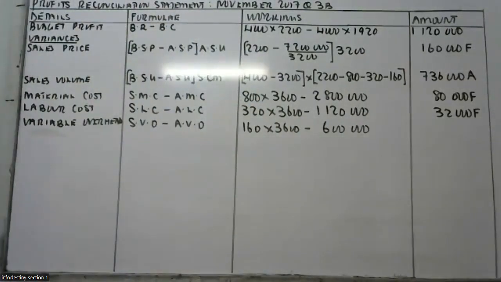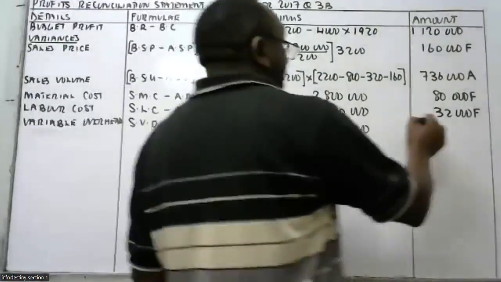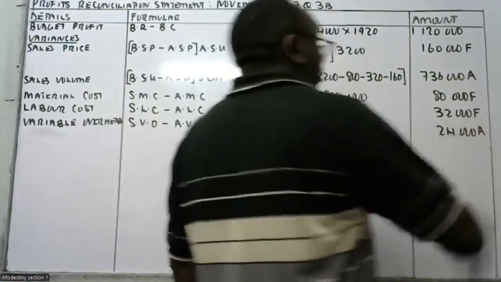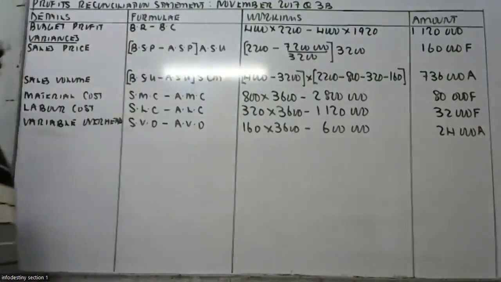So this one has 160 times that 600 minus 6 exponential 5. We get 24,000, which is adverse.